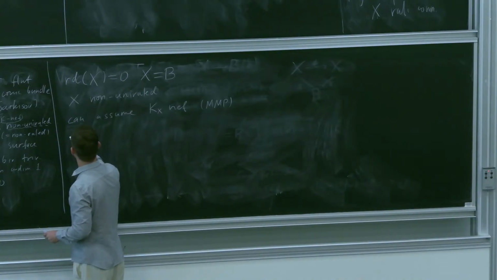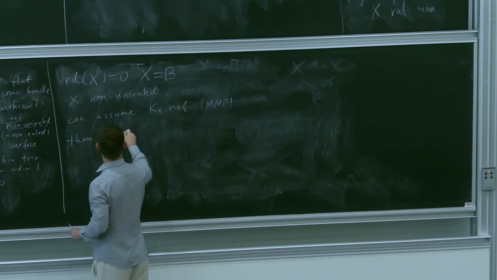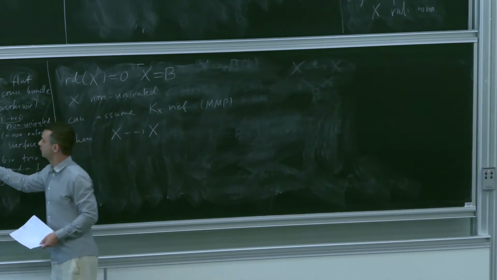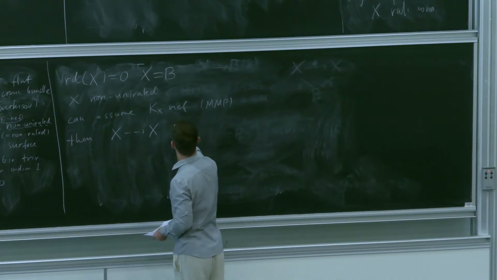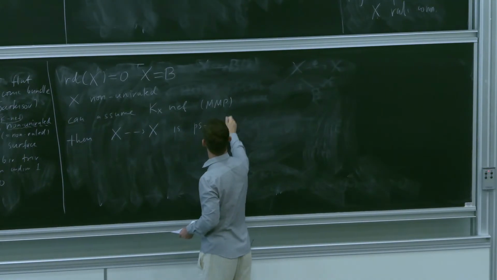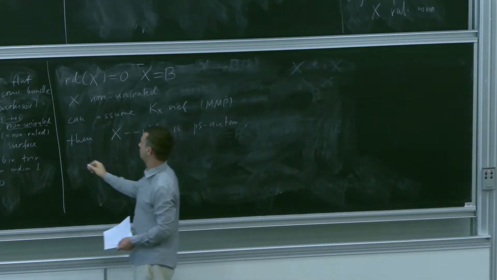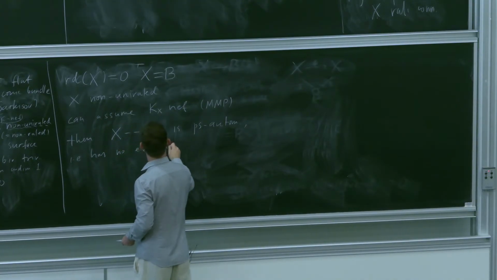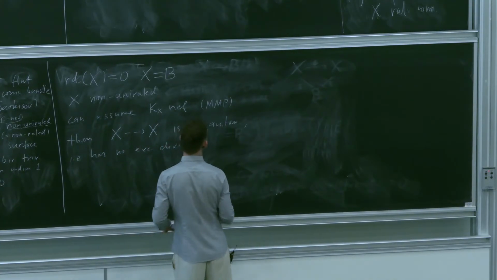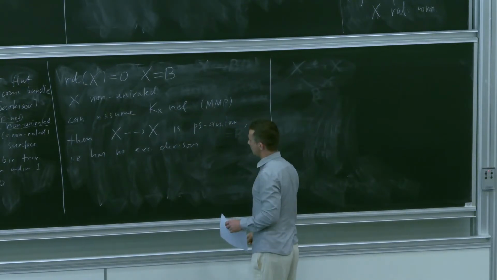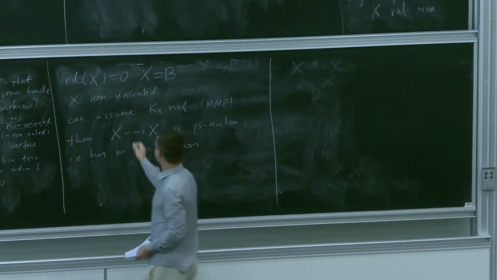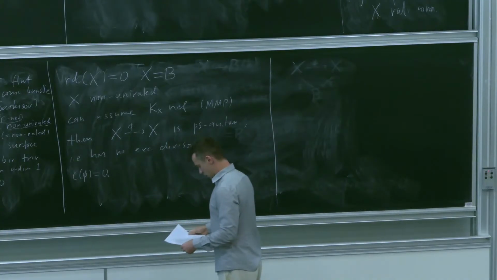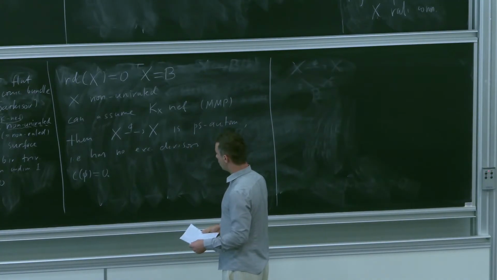And in this case, every birational self-map, not here where I said it's an automorphism because we're in dimension 2, is what's called a pseudo-automorphism, which means it has no exceptional divisors. And hence E of this phi is 0.